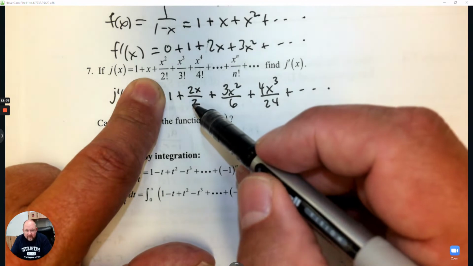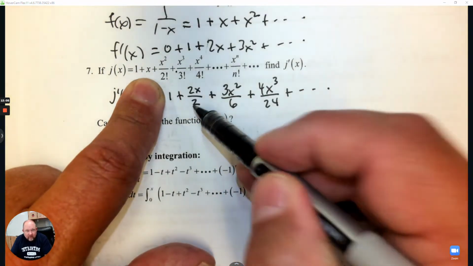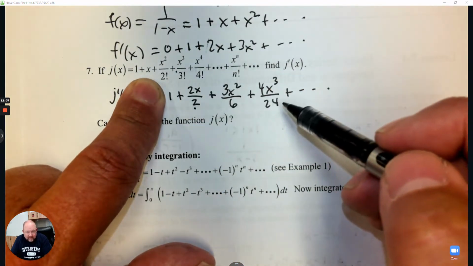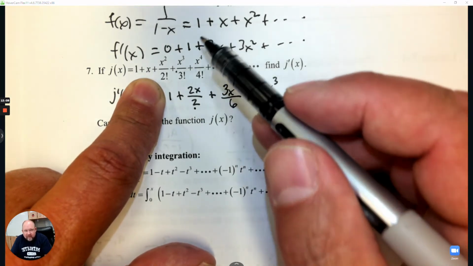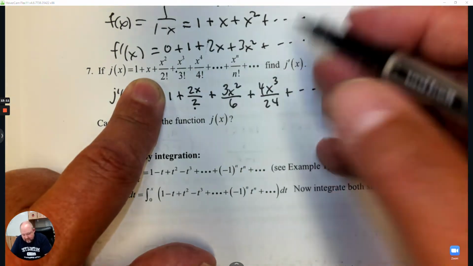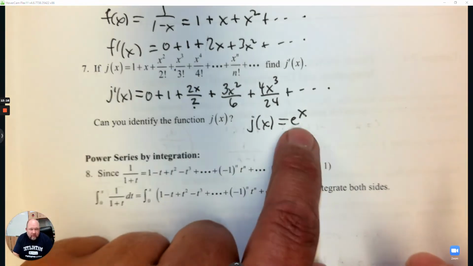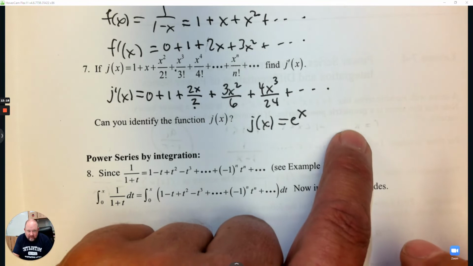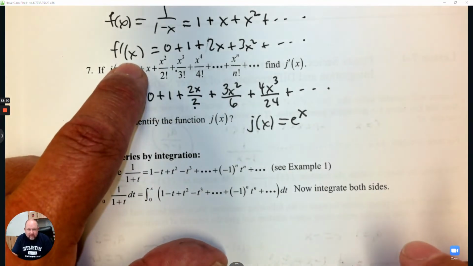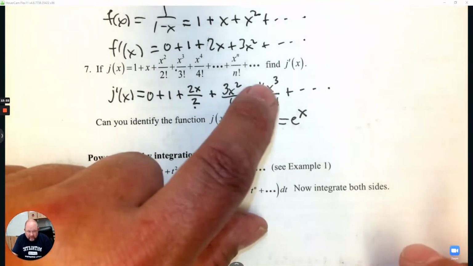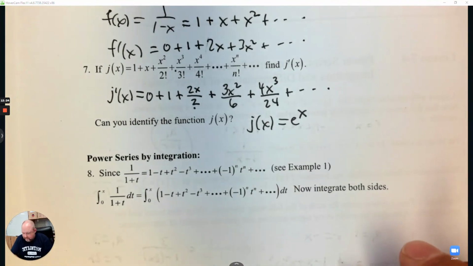These match exactly. This and this are exactly the same when you simplify it. And if you have a function and you take its derivative and it stays the same, then g of x must equal e to the x, because the derivative of e to the x stays e to the x. The derivative of this power series stayed the same when you simplify it, so that's what it's equal to.